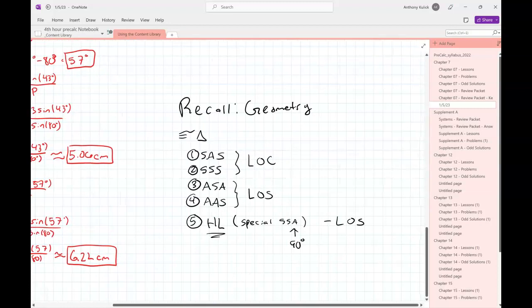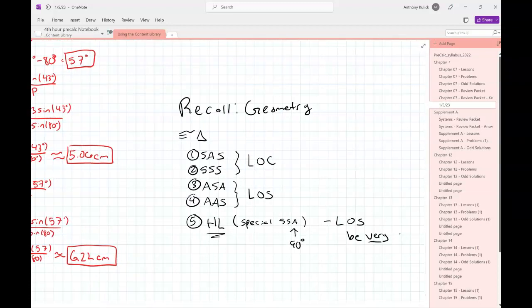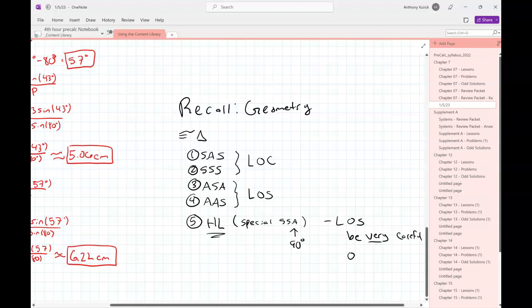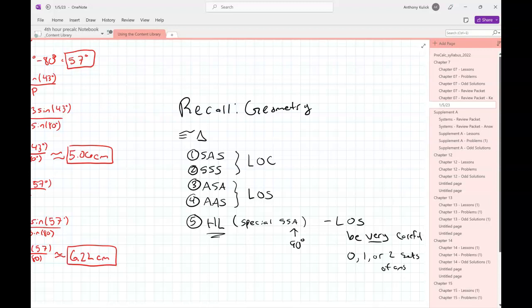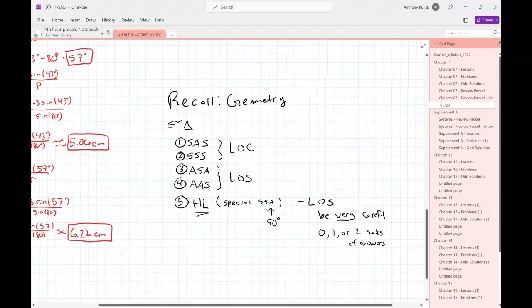This is still a law of sines situation, but we have to be very careful because in the SSA situation, we can end up with no answers, one set of answers, or two sets of answers, which is kind of a bummer.